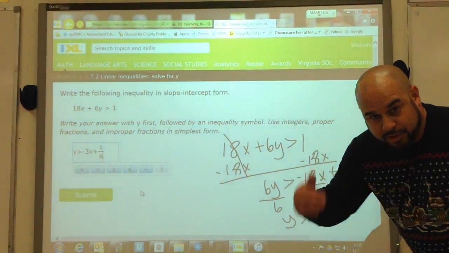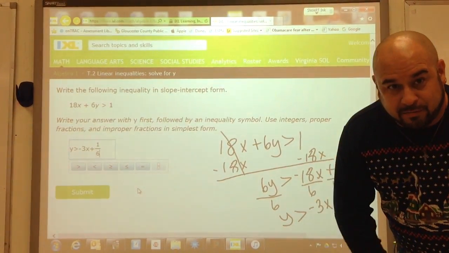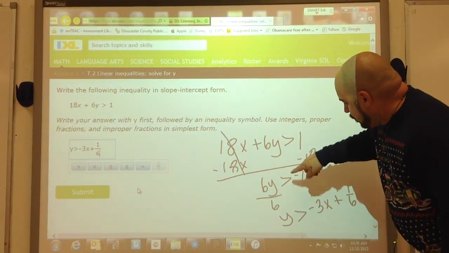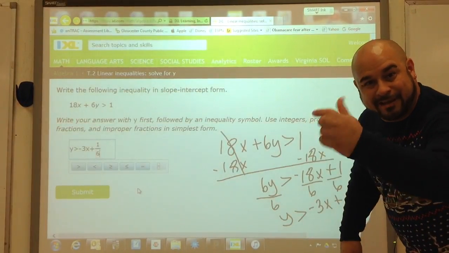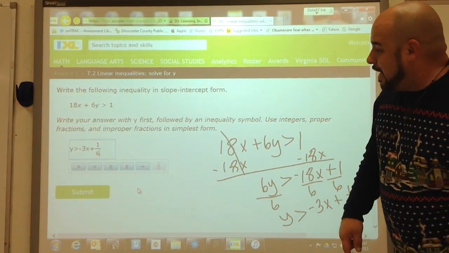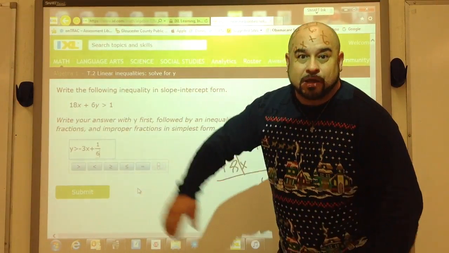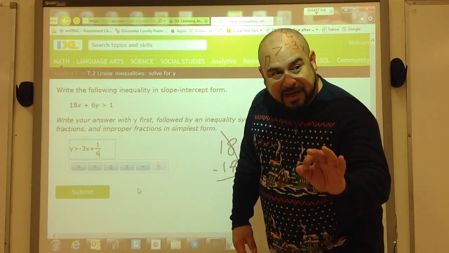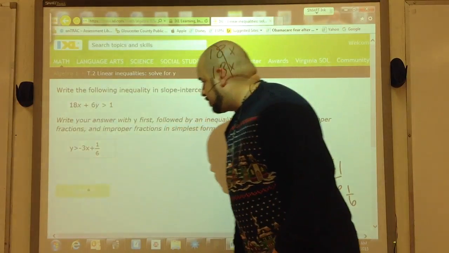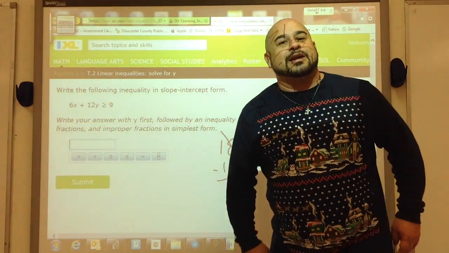Don't forget the rule when you're dividing. If you're dividing or multiplying by a negative, what happens to this symbol? It flips. So please keep that in mind. Also keep in mind to type it in correctly in IXL. Take your time, make sure it's right. I hit submit. Awesome, we got it right.